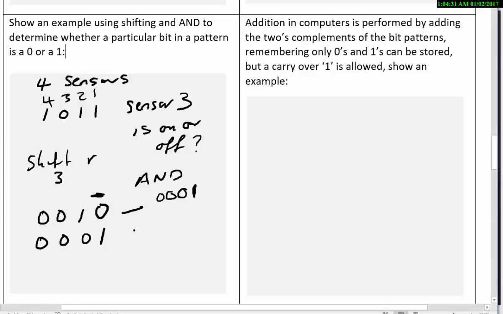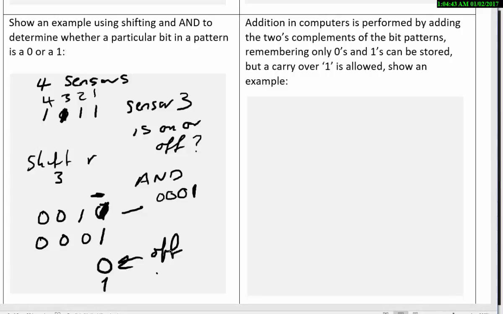The result is 0, so we know it's off. Had it been set to 1, the result would have been 1, and it would have been on. So you can give that as an example. You can pick any example like that.